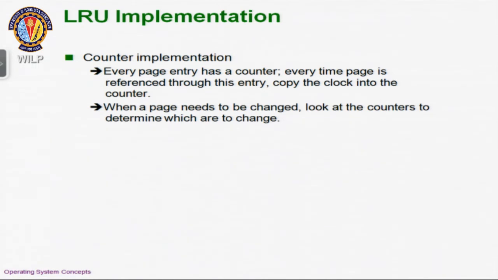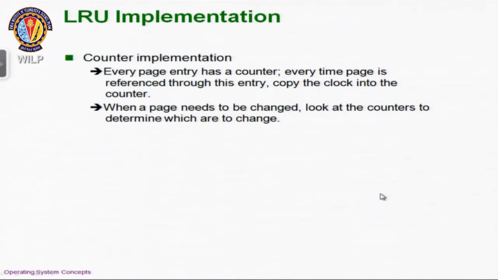I am saying that for every byte I am going to have a 4-byte counter, then for 1 gigabyte of actual memory which is getting accessed, I would need to maintain 4 gigabytes of count memory for storing the counters for those references. So there is a very large amount of overhead.